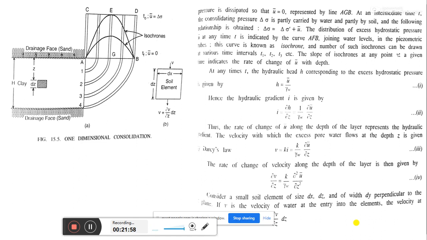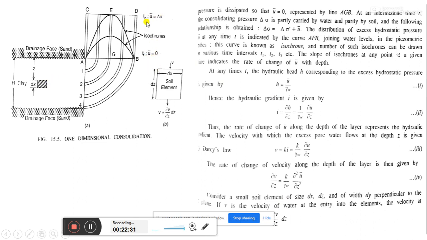After a very great time, Tf, the whole of the excess hydrostatic pressure is dissipated, so that U dash equals 0. Finally, at Tf time, U dash equals 0. Initially, it was U dash equals the incremental pressure, that is delta sigma, and at Tf it is 0.